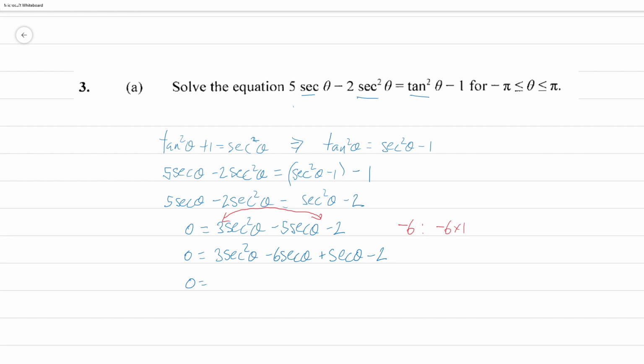So 0 is equal to, let's take out 3 sec theta: sec theta minus 2, and then plus 1. So my factors would be 3 sec theta plus 1 and sec theta minus 2.